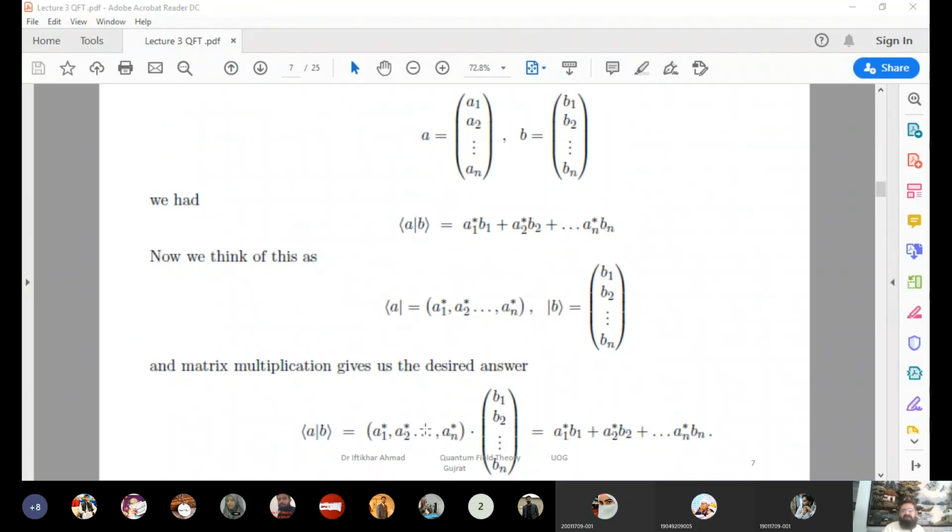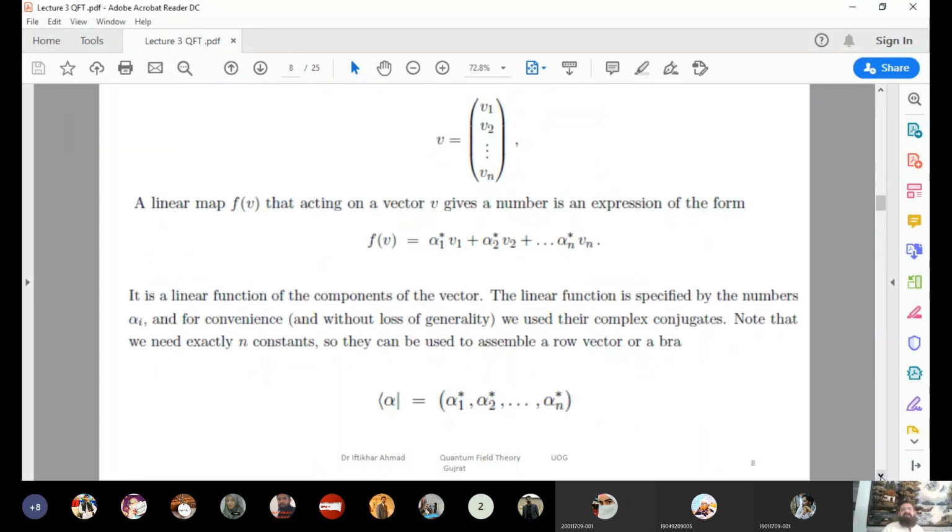This is a row vector, this is a column vector, so when we multiply these two we get only a single entry. So whenever someone asks you what the result of an inner product is, the result is just a single number. Okay, next.